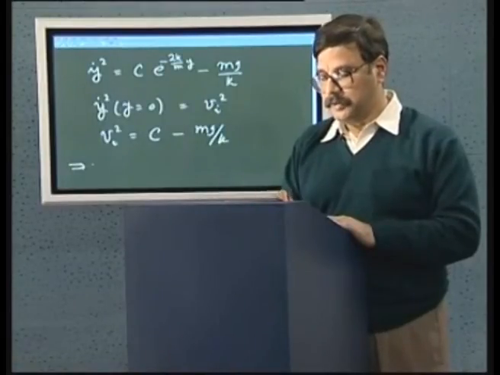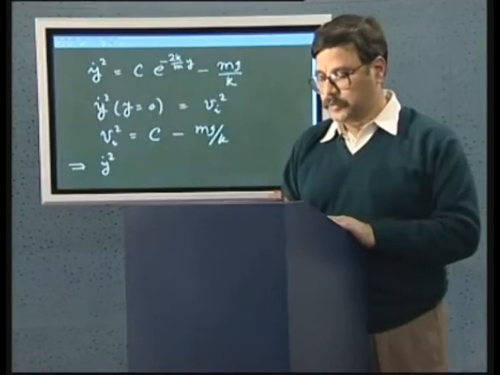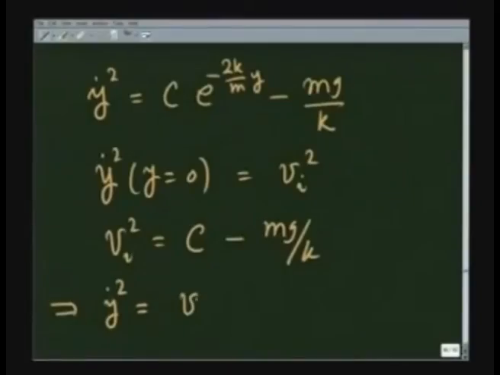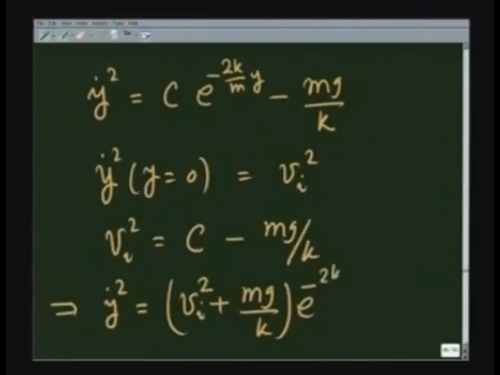That gives me y dot square equals v initial square plus mg over k, times e raised to minus 2k upon m y, minus mg over k.